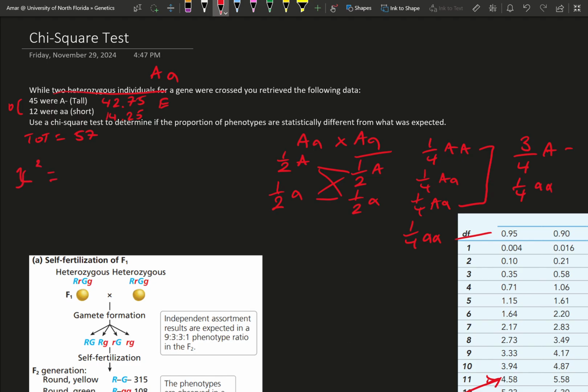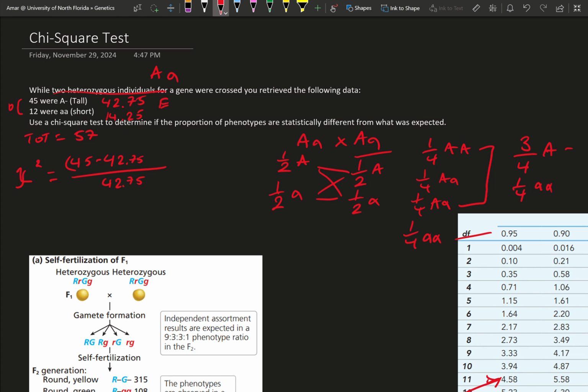Because we have two different independent variables, we're going to have two different fractions. Let's do the tall phenotype first, where we have 45 minus 42.75, squared, divided by 42.75.